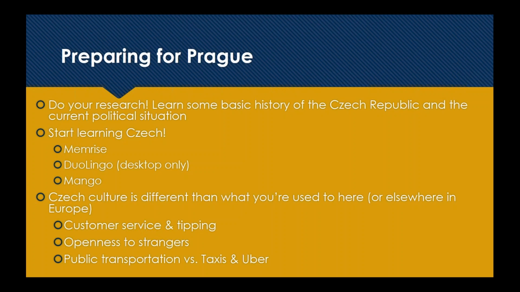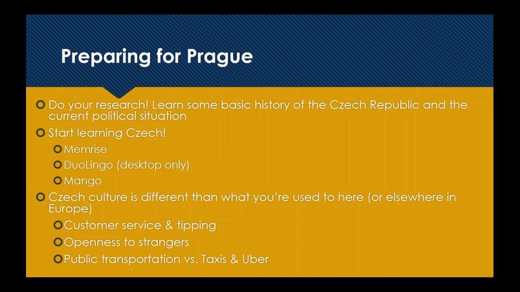And then you may also want to do some reading up about Czech culture because it's very different from what you're used to at home. I've listed just 3 things here that are really common that students mention being struck with when they first get to Prague. The first is the customer service culture in Czech Republic. Czech Republic is not a service-oriented country. It's just not part of the culture here.